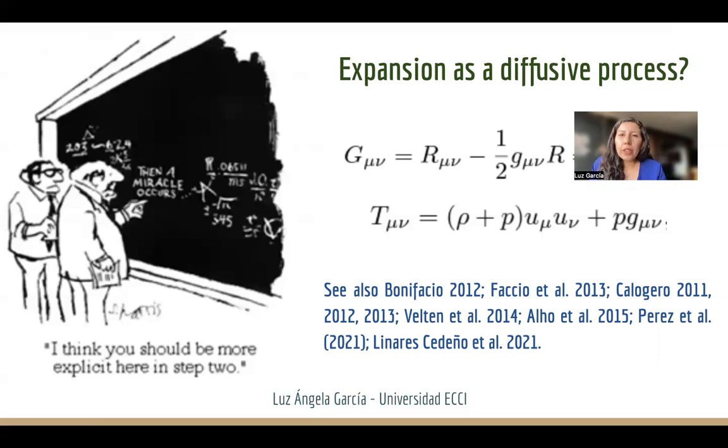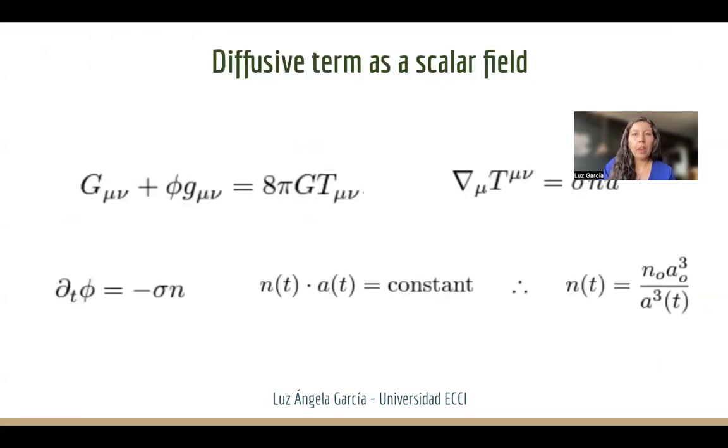So we can think about diffusion as a way to explain the accelerated expansion of the universe at late times, but we need to do it respecting the rules of general relativity.